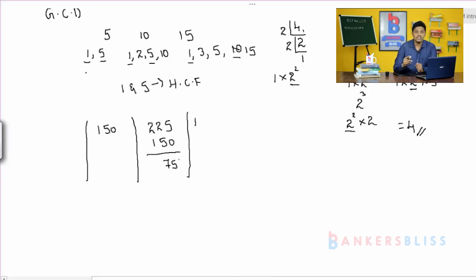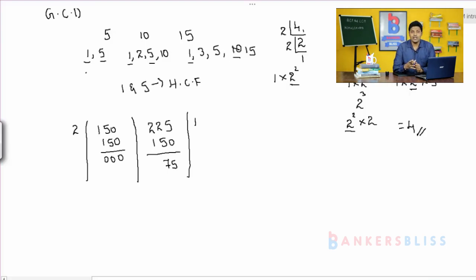The remainder is 75. Now 75 and 150, two numbers are here. Among the two, which is the highest one? 150 is the highest one. So you divide 150 by 75. So 75 twos are 150. So the remainder is 0.